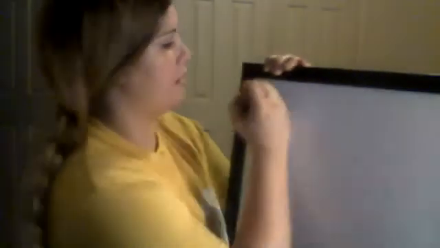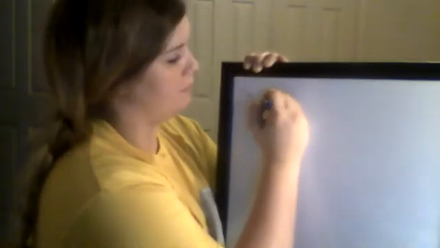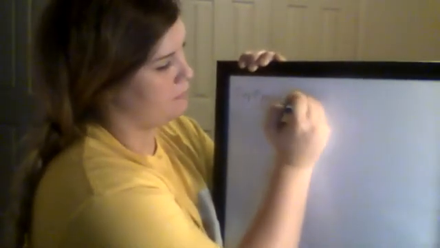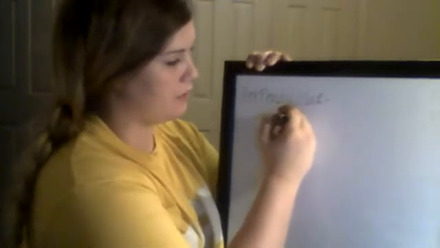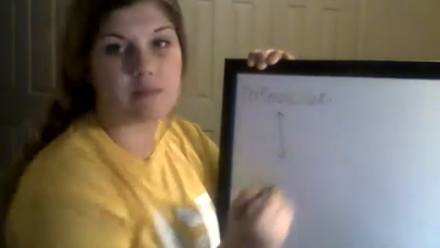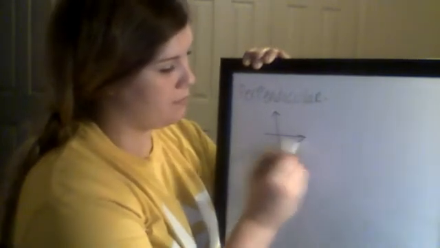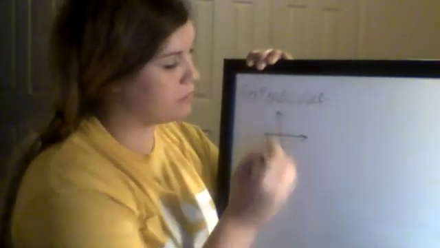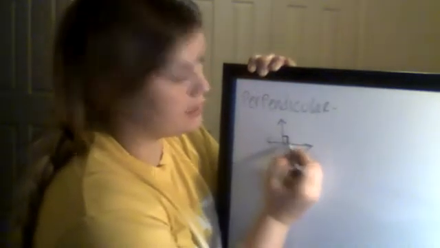Next you have your perpendicular. Perpendicular is when two lines can cross, or sometimes they just stop at the midway point. What makes them perpendicular, they're also intersecting, but the perpendicular lines have a 90-degree angle.